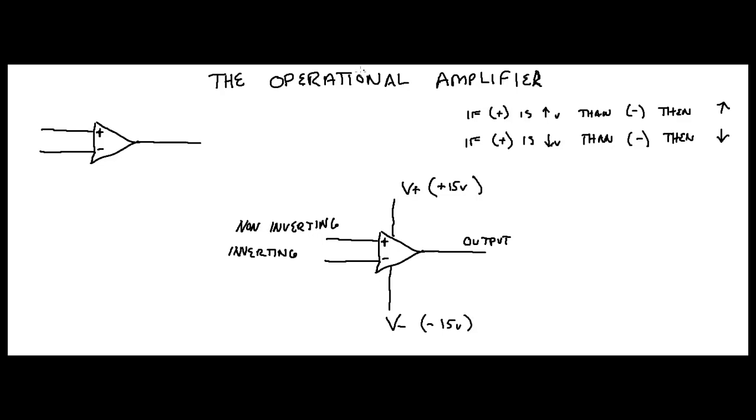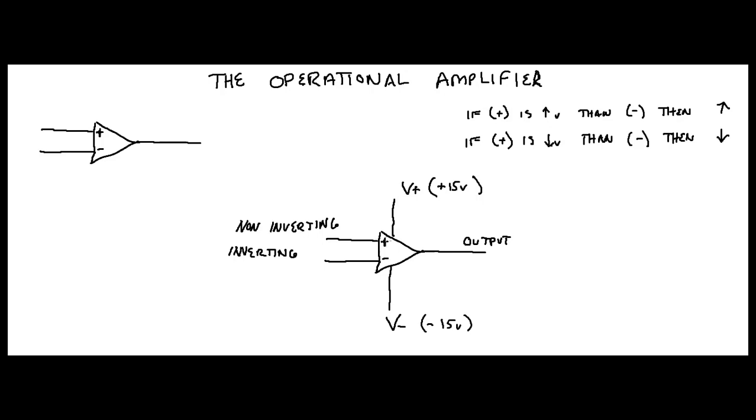So the first thing you need to understand, if we have a gain that's, say, 100,000 or so, a very small difference in these voltages is what it's going to amplify. So if you have two signals coming in and there's a little bit of difference between them, you're going to take that difference, whatever it is, multiply it times 100,000, and that's going to give you your volts coming out.